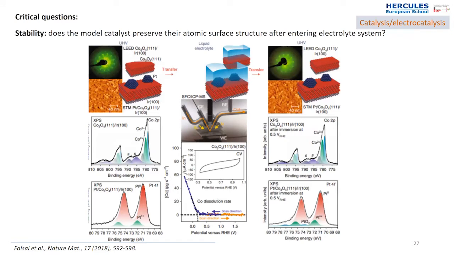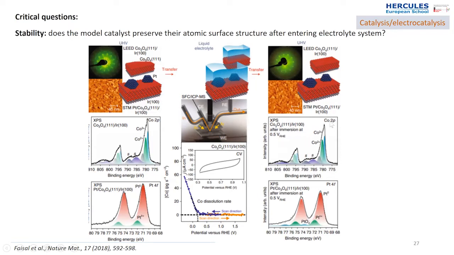The critical question those authors asked was whether the model catalyst preserved its atomic surface structure after entering the electrolyte system. The answer is yes. You can see the sample prepared under ultra high vacuum conditions, checked by low energy electron diffraction, LEED, AFM, XPS, and then put into the liquid electrolyte for the cyclic voltammetry measurement, and then the sample is brought out of the liquid, cleaned with pure water, dried, and transferred back.